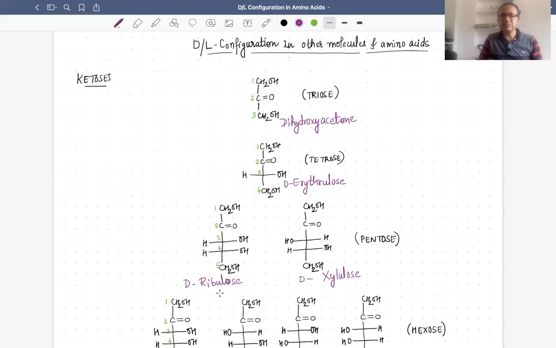These names are pretty similar in pronunciation, except that instead of ribose in the aldose, here in ketose we have ribulose.